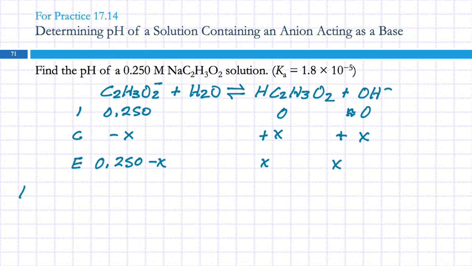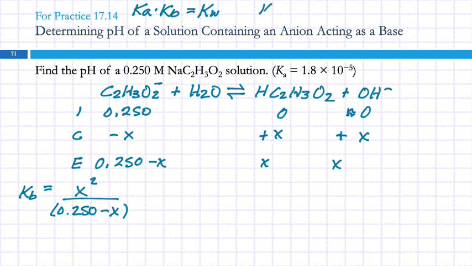And so Kb is going to equal x squared over 0.250 minus x. But we weren't given Kb. Ka times Kb equals Kw. There's too many Ks.